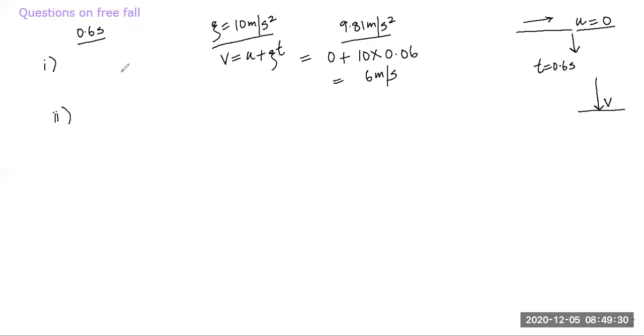Second, what is the average speed during 0.6 seconds? How can we find the average speed?